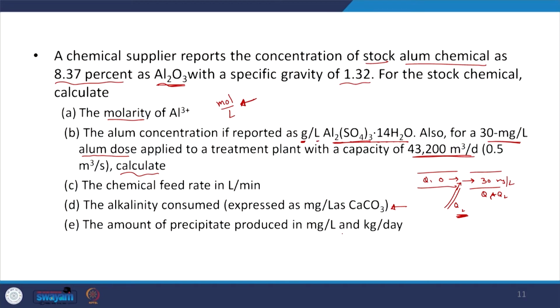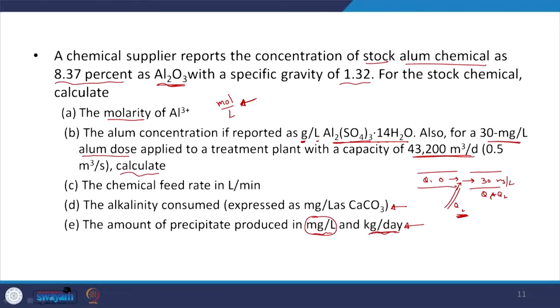And the amount of precipitate produced in milligram per liter, usually this is rarely used, and kgs per day is usually used. Why is milligrams per liter not a good way to look at precipitation? Because when we say milligram of some compound per liter, it typically means milligram of, let us say, sugar dissolved in this solution of 1 liter.